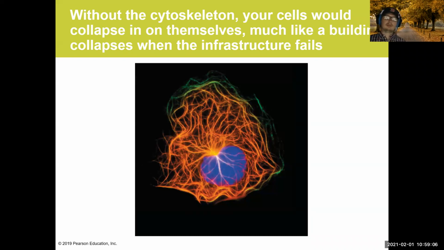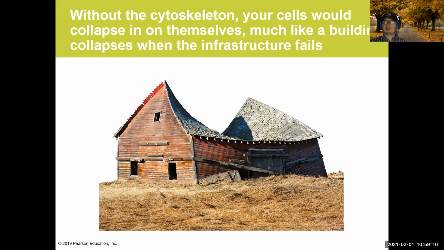If you remove that cytoskeleton, you end up with a structure that could collapse in on itself, because you don't have that infrastructure. So the components of cells are really important, not only in terms of structure and form, but also in terms of function and the jobs they do on a daily basis.